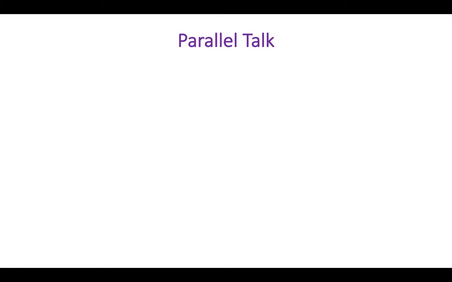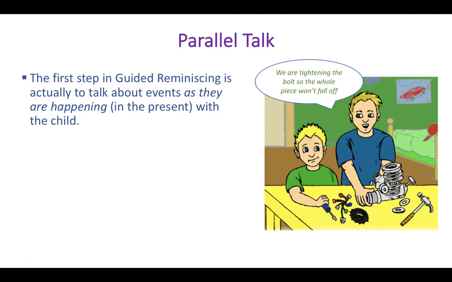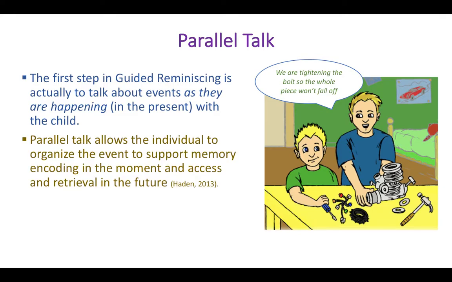It may seem surprising, but the first step to mastering guided reminiscing is actually learning how to talk with the child about events as they are happening in real time. Parallel talk, that is, talking about events as they are occurring, allows the child to organize the event temporally, including grounding it in time and organizing sequences of events, including what happened first, what happened next, and so on.